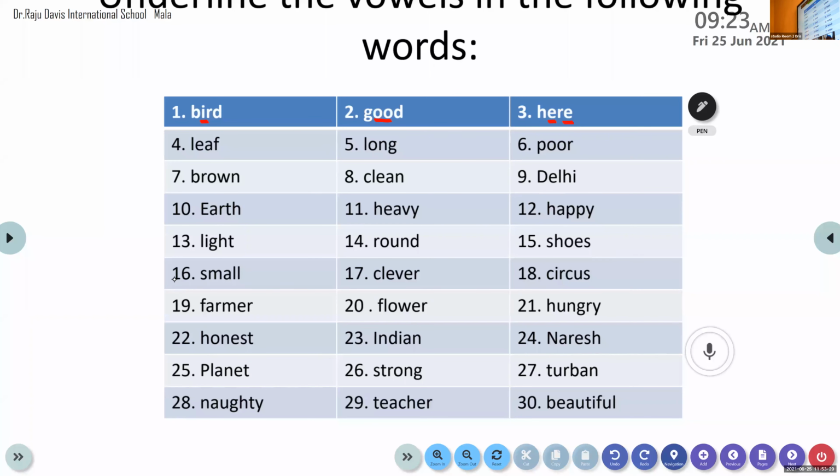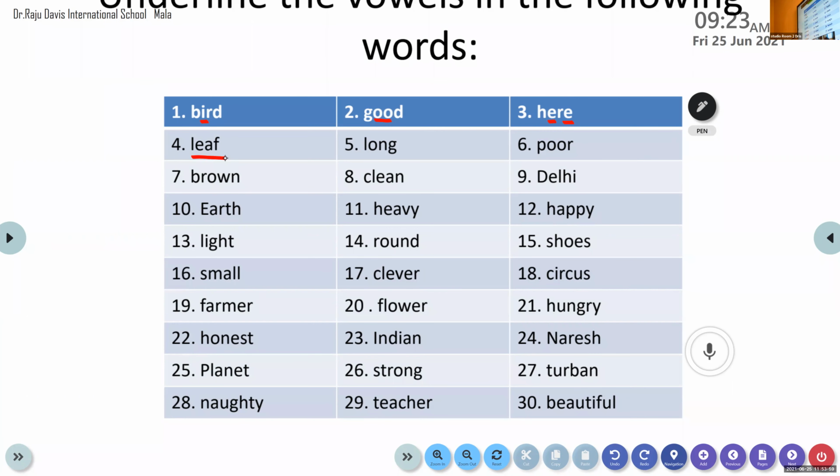Sia, come on, Sia. Yes, ma'am. Yes, come on, read the 4th word for me. Which is the 4th word here? Come on, read the word. Come on, Sia, which is the 4th word here?